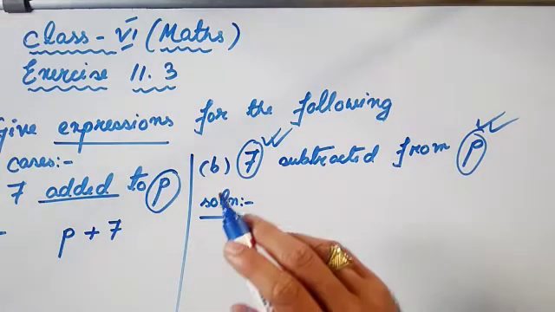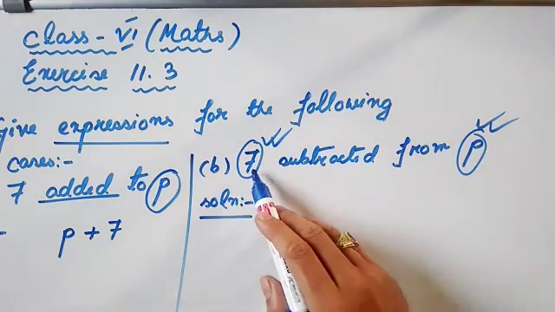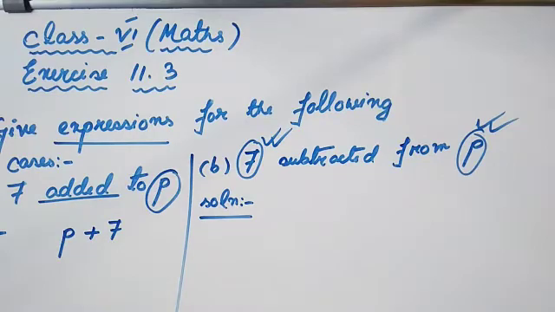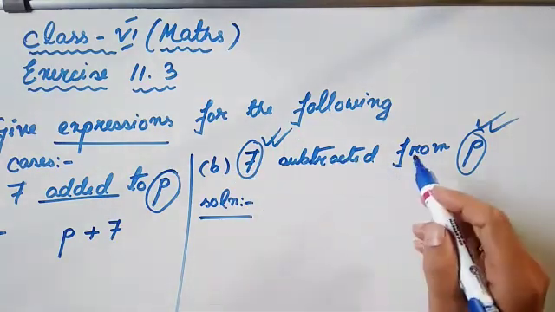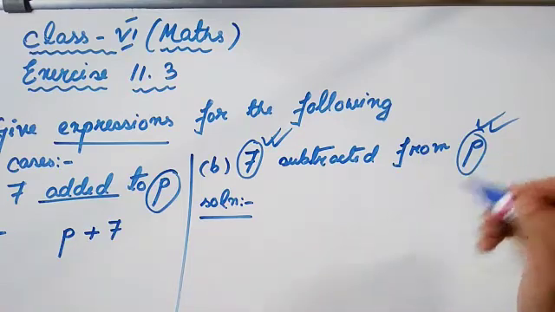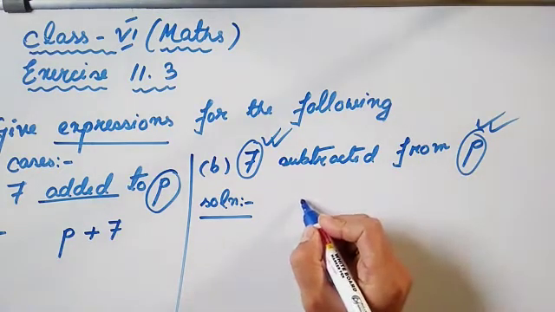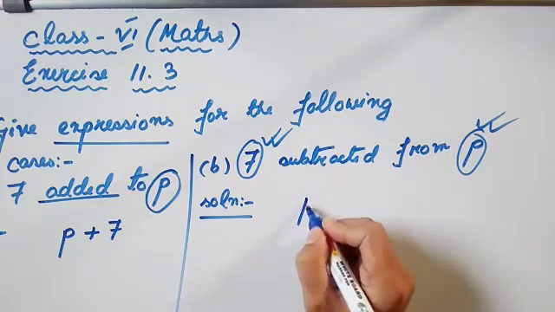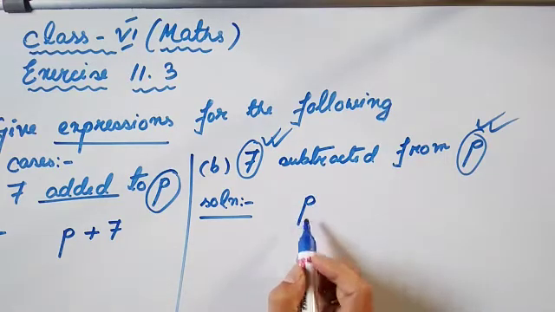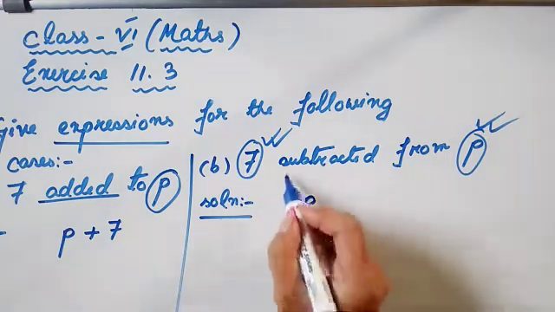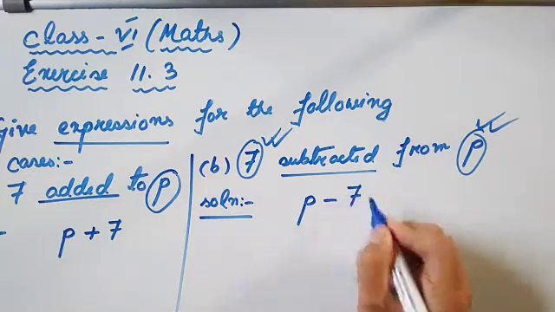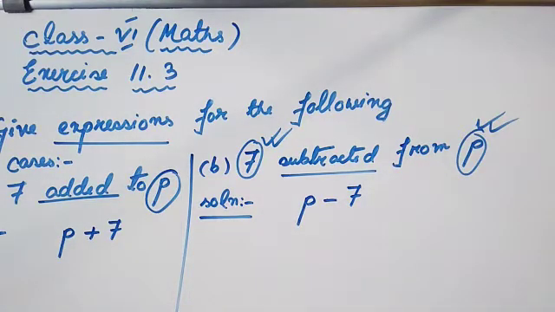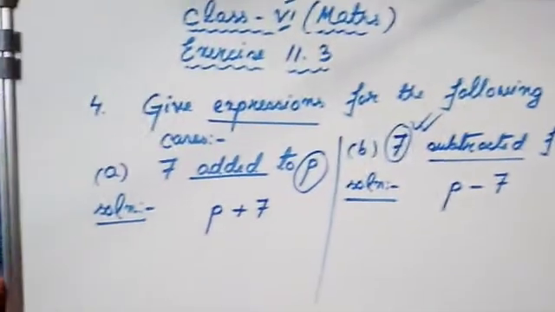The statement says 7 subtracted, so this number 7 will be subtracted from the variable P. So P will be written first, right? And from this variable P, 7 is subtracted, right? So P minus 7.